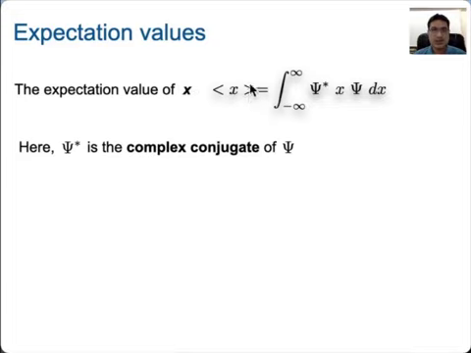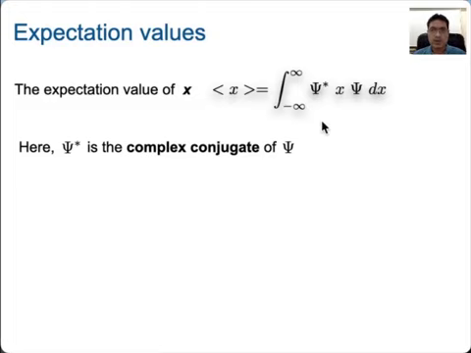It is written as x enclosed by this bracket, which is equal to the variable sandwiched between psi star and psi, integrated over the entire space. This is done for a one-dimensional case, where psi star is the complex conjugate of psi.